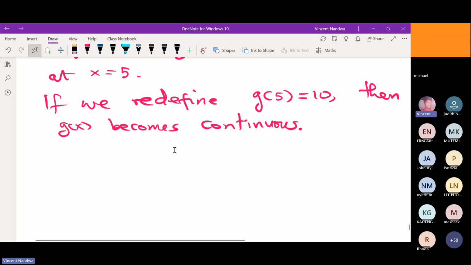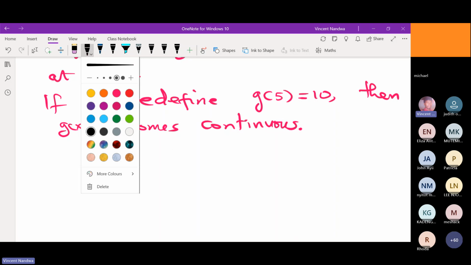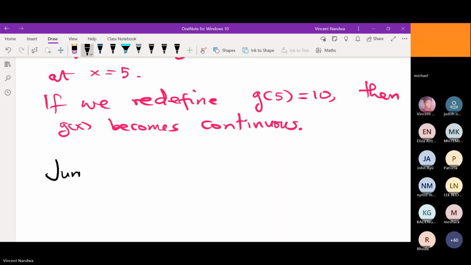Then the other worse discontinuity, where you can't redefine the function to make it continuous, is what we call jump discontinuity. So this is B, jump discontinuity.